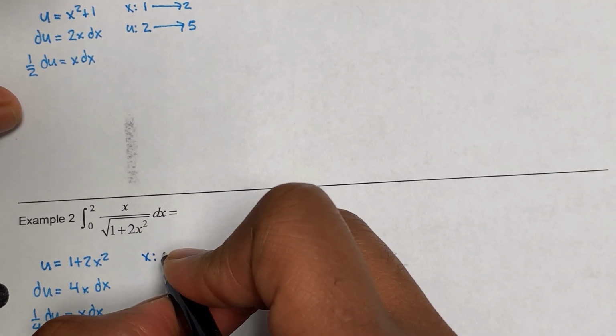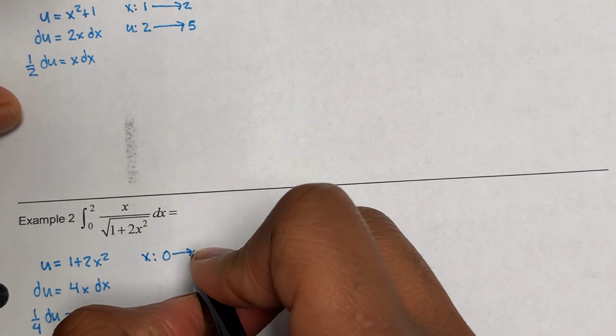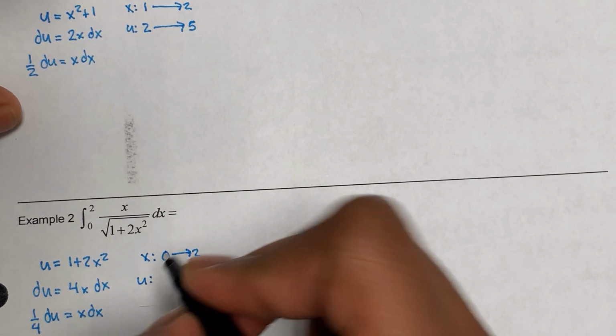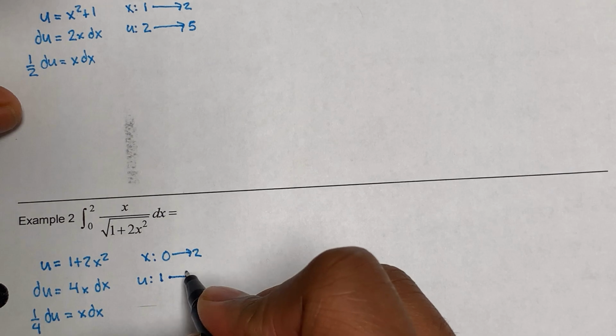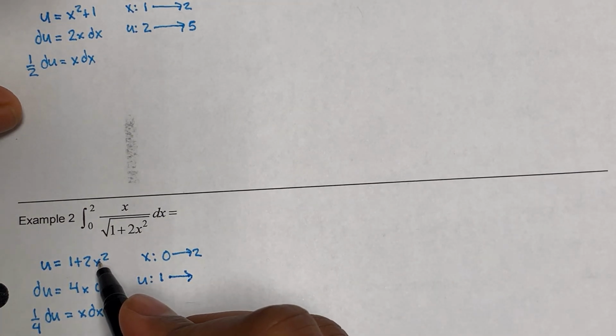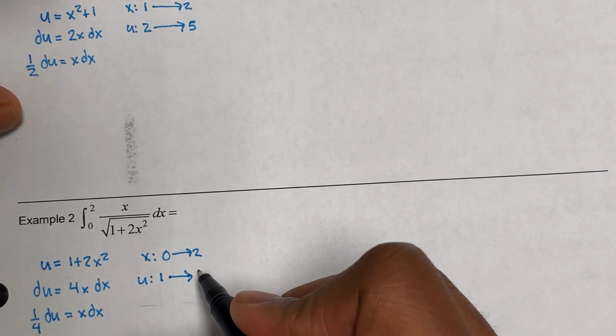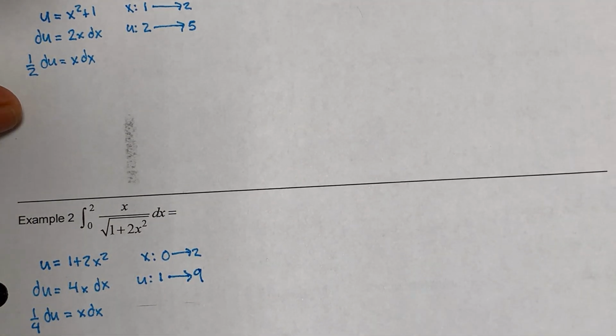Our x limits are from 0 to 2. Our u limits would be from 1 plus 0, which is 1, to 2 squared, which is 4, times 2 is 8, plus 1 is 9.